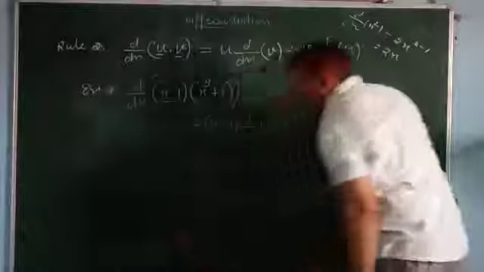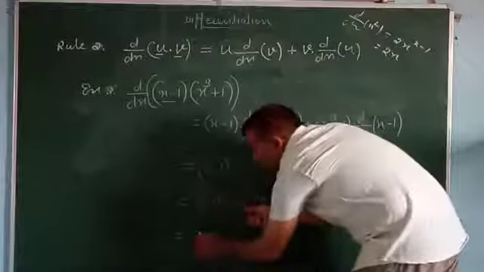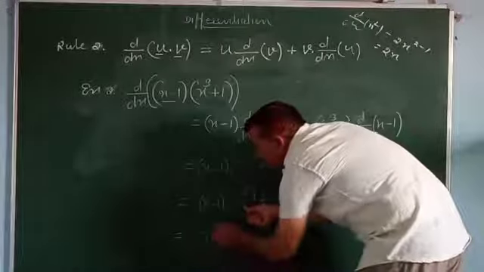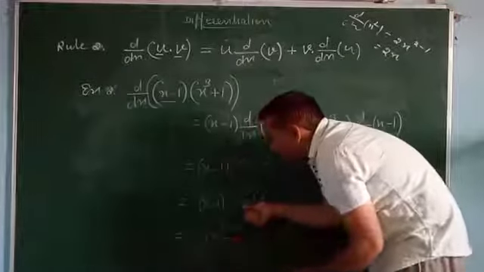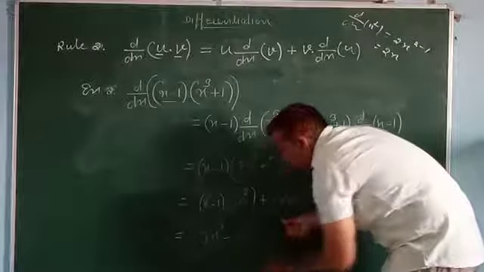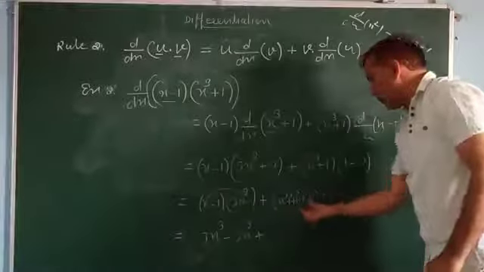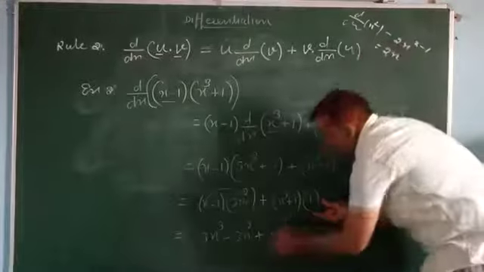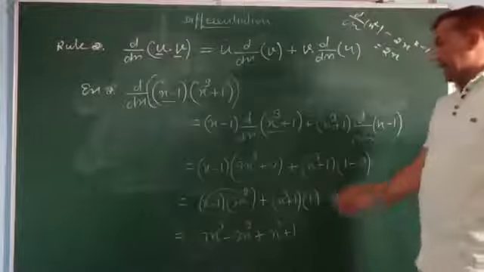So you can write it like 3x cube, x into 3x square, that will be 3x cube minus 3x square into 1, that is 3x square, and plus here it will be same because it is multiplied by 1, therefore the number will be itself, x cube plus 1.